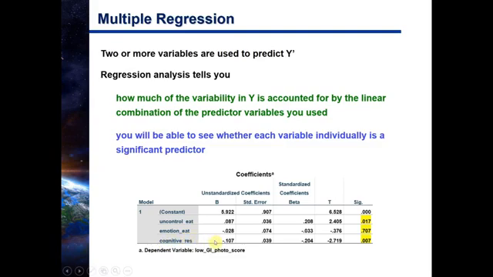All right, and so what you want to do is scoot along here until you get to their sig values. And then what you can see is that this first variable, called uncontrolled eating, is making a significant contribution to the prediction. So is this last one, cognitive restraint, right?